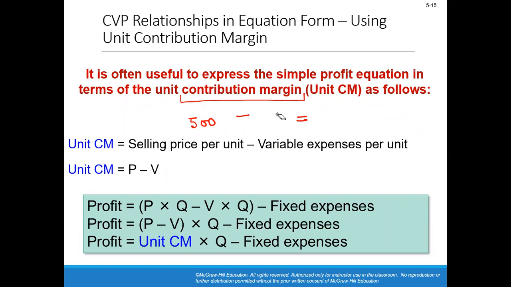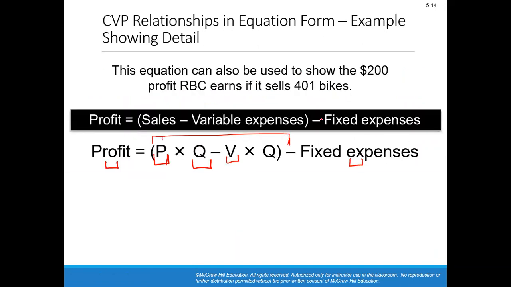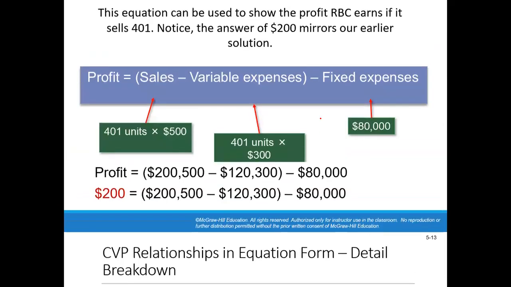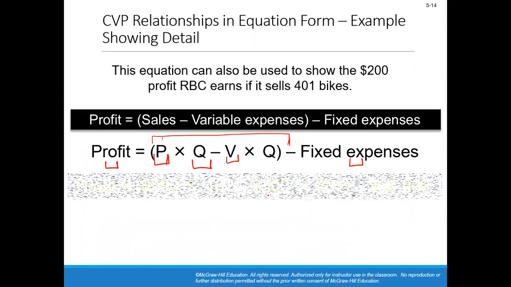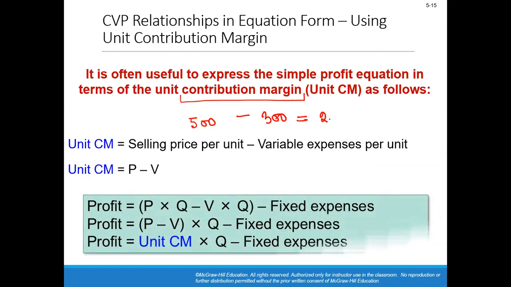Okay, variable expense is not 250, variable expense is 300 in our case. Let me check it. Yeah, 300 variable expense. So we see 200 contribution margin on a per unit basis.